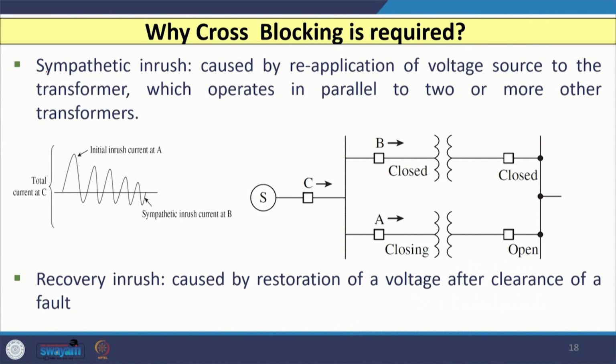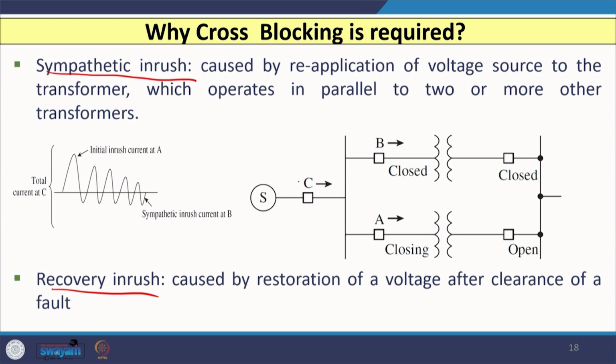However, sometimes it may be possible that if we have sympathetic inrush or if we have recovery type of inrush, then the percentage of second harmonic may not be higher than the threshold value in maybe 1 phase or 2 phases. So, in that case your conventional harmonic blocking method fails. So, in that case cross blocking must be used.